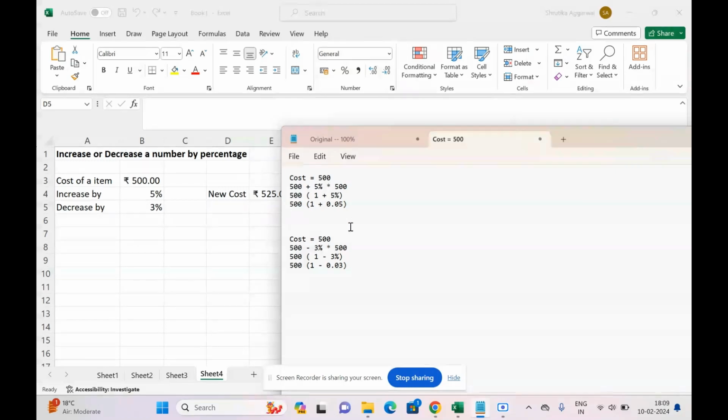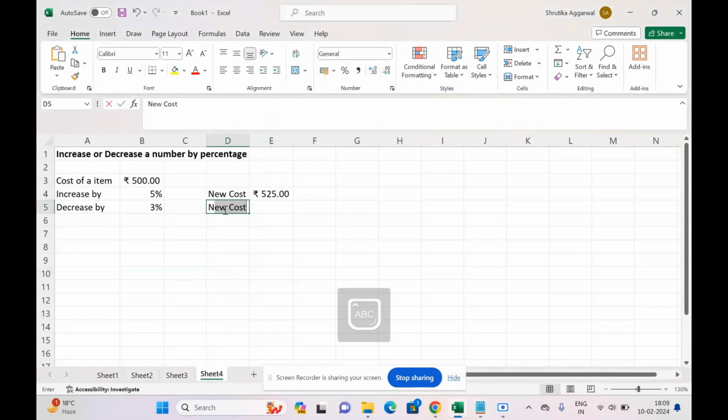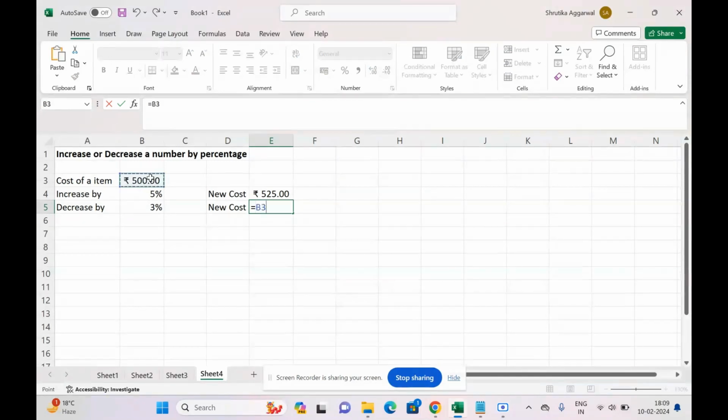So that is my decreased cost. The new cost is equal to my original cost times bracket open 1 minus my percentage. So that becomes 485 rupees. I hope all these scenarios are clear.